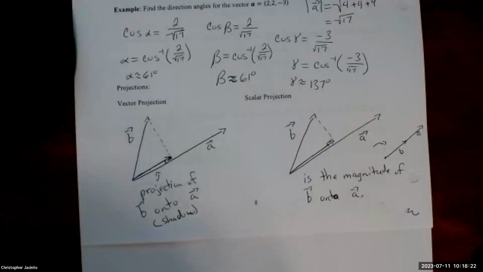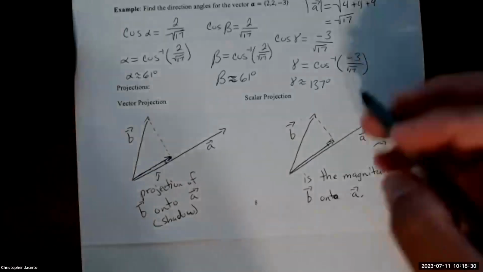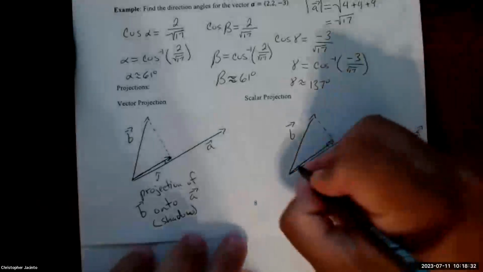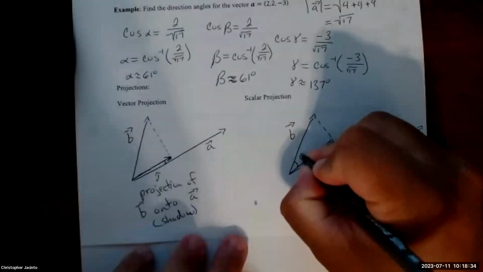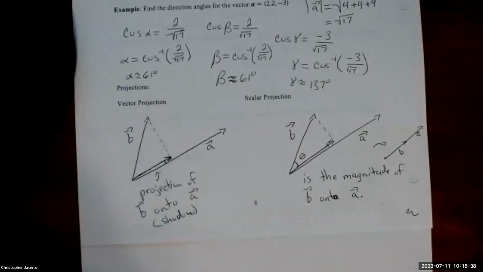Now, you may say that doesn't make sense, because we could just find the length of B and call it a day. Yes, but because it's the length of B, this angle here also makes a big difference. Sometimes if you're not given the length of B, how do you find the projection portion?